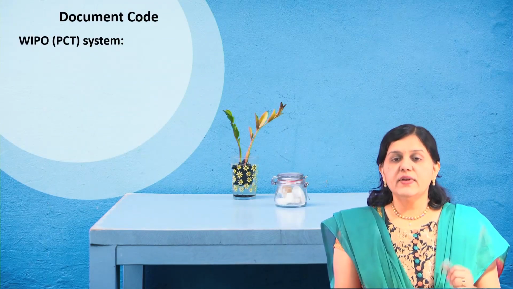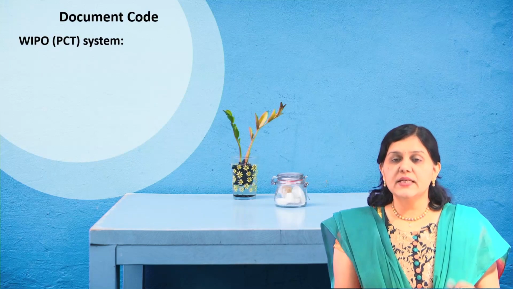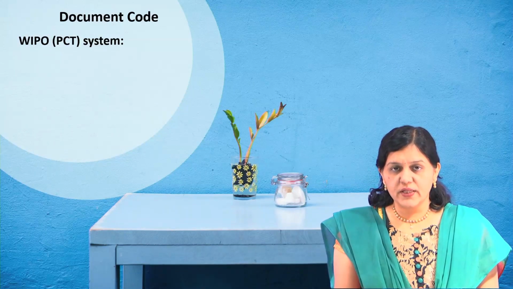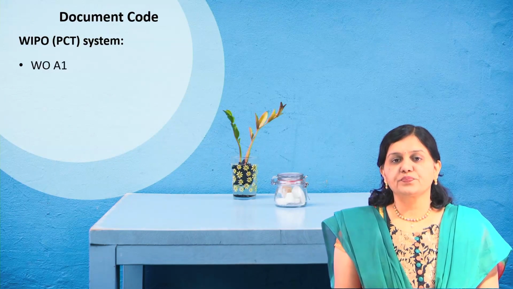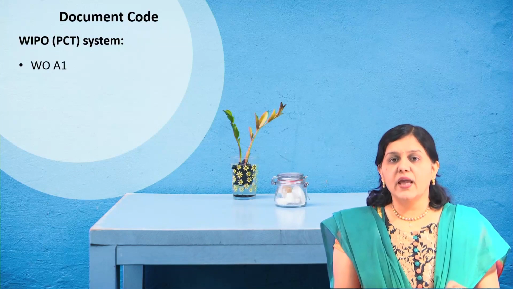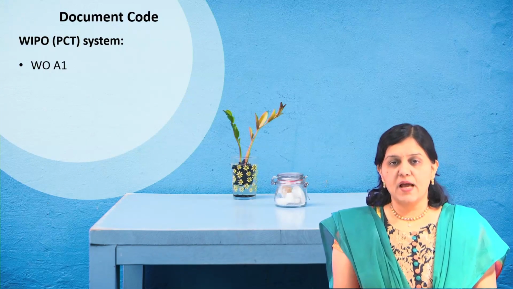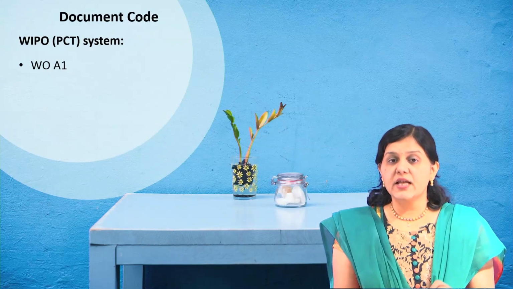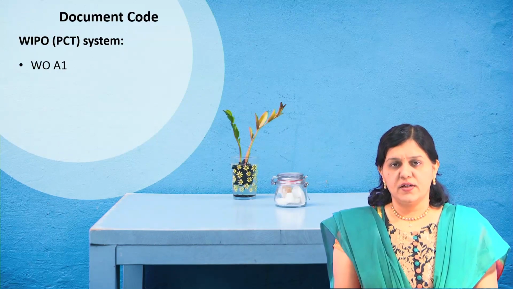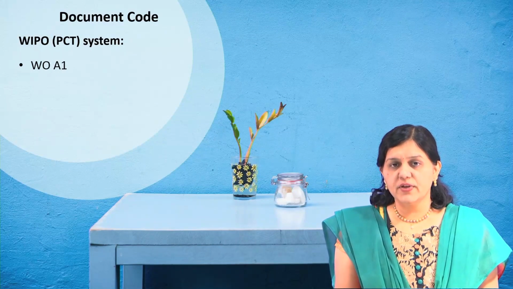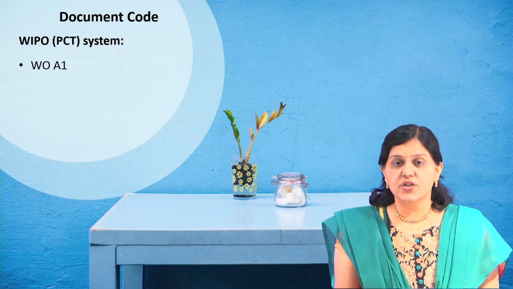Now, we will take another example, the PCT system, which is governed by the WIPO. What is the code system followed here? Let us check. WOA1 is a publication of the international application with international search report. I repeat, it is a publication of the international application with international search report.